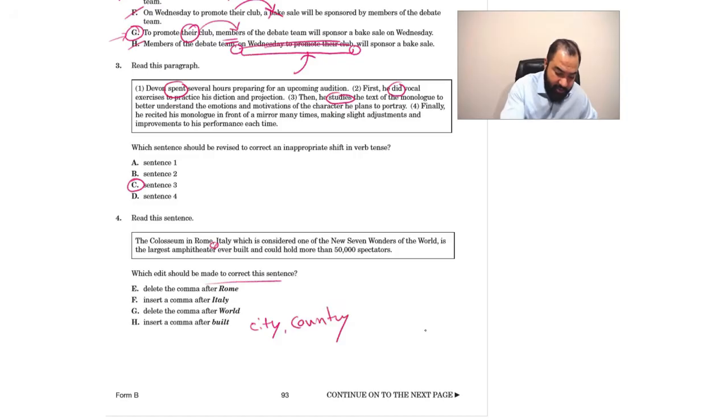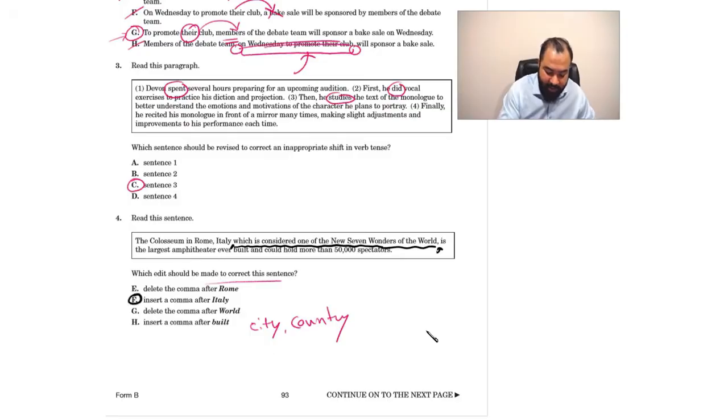Now let's take a look at what's the problem then. All right. Okay, now you see the part here which is considered one of the new 7 wonders of the world. This is a non-restrictive clause. It should start with a comma and end with a comma. So they put the comma here, but they didn't put a comma here.